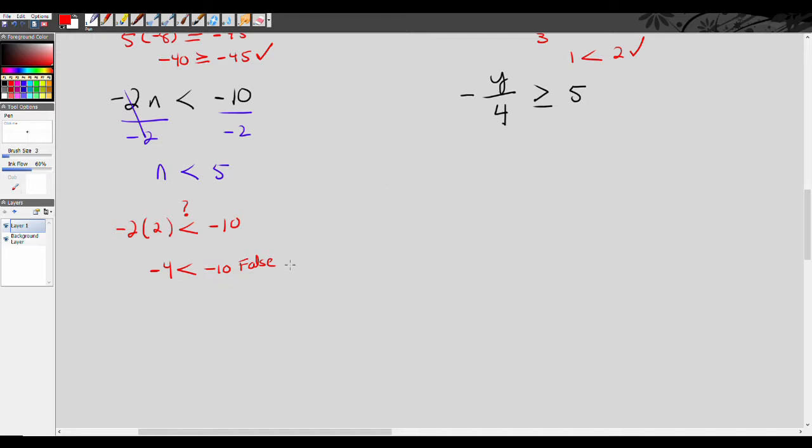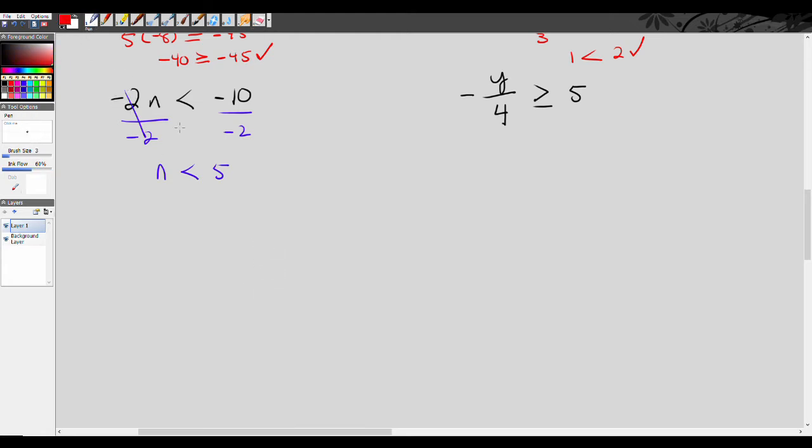So the question here is, what happened? Why did this turn out false if we followed all the correct steps? Well, the key is in what happened right here with this symbol. And so there's a rule that we need to learn about solving multiplication or division inequalities that involve negative numbers on the coefficient, okay?